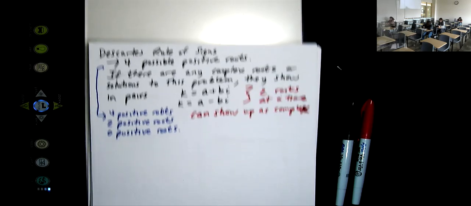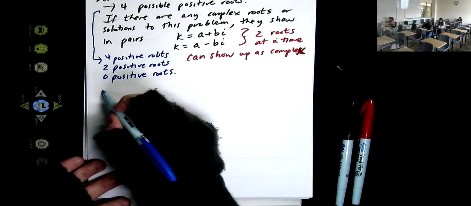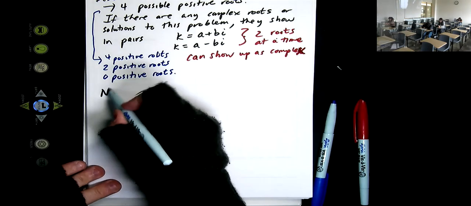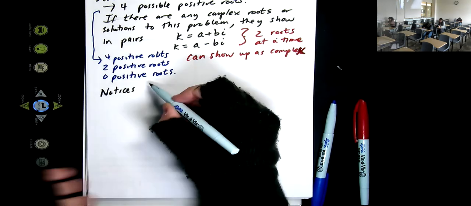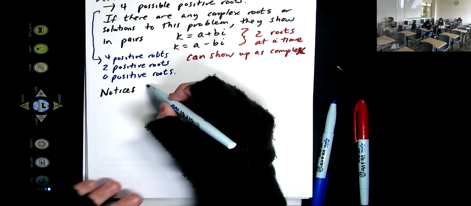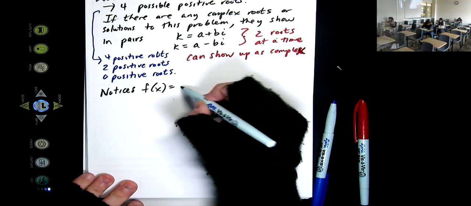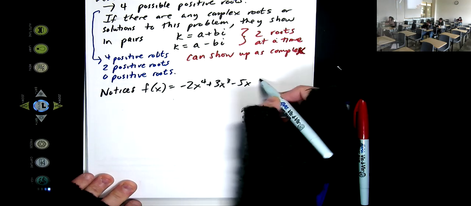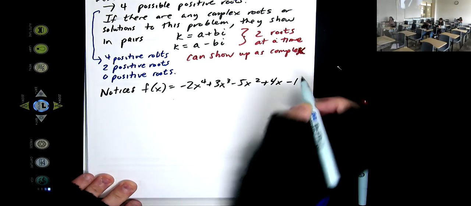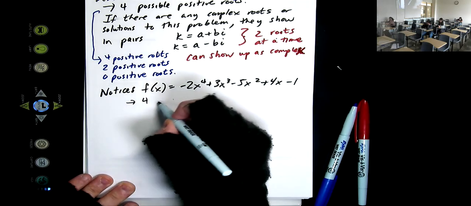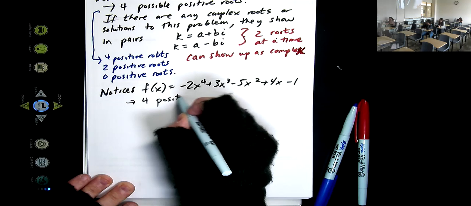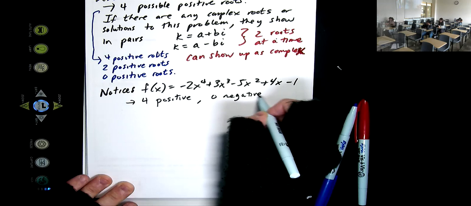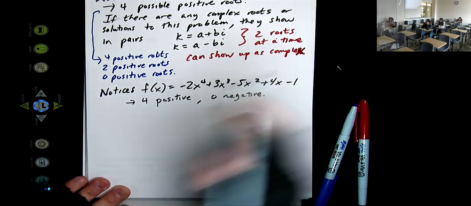Now, notice on this one, we had f of x equals negative 2x to the 4th plus 3x cubed minus 5x squared plus 4x minus 1. We showed 4 positive possible roots and 0 negative possible.